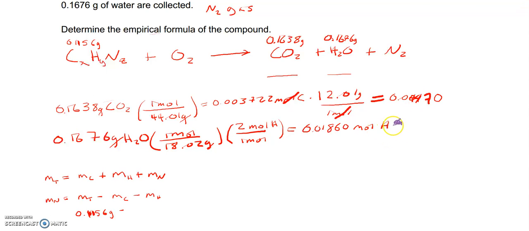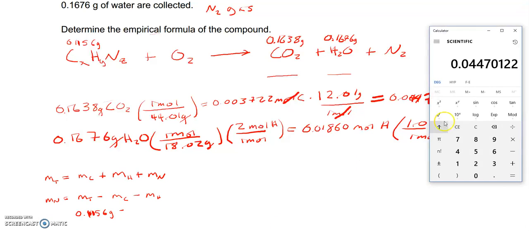We're going to do the same thing here, so multiply by hydrogen's molar mass. 0.0186 times 1.01.